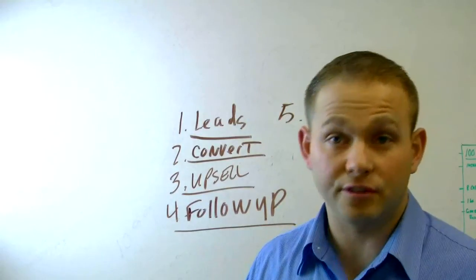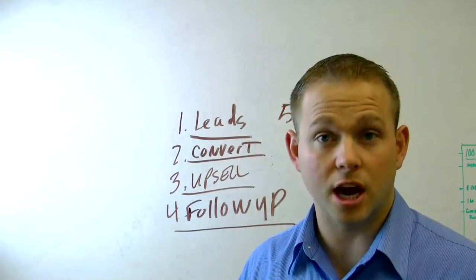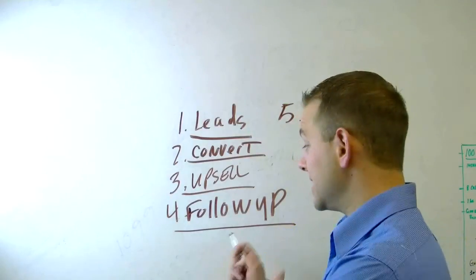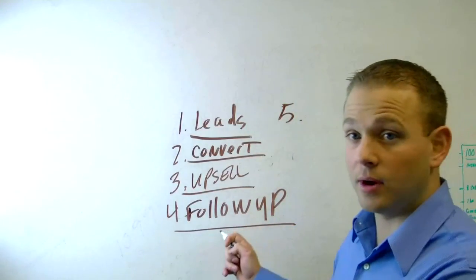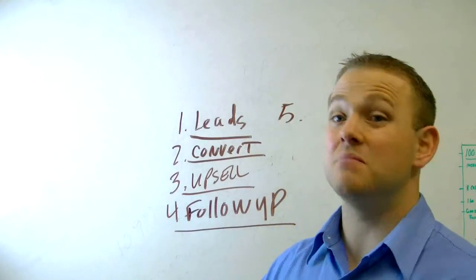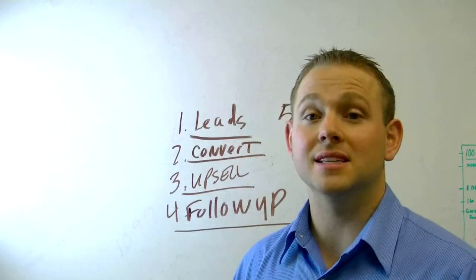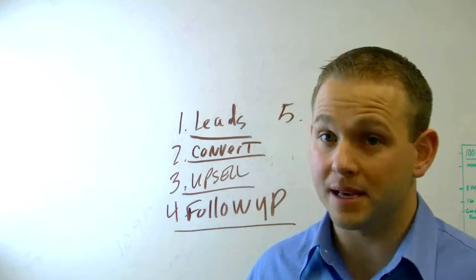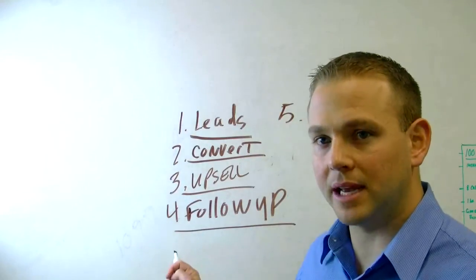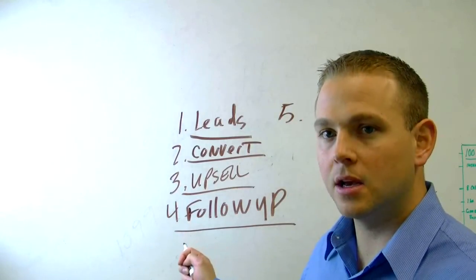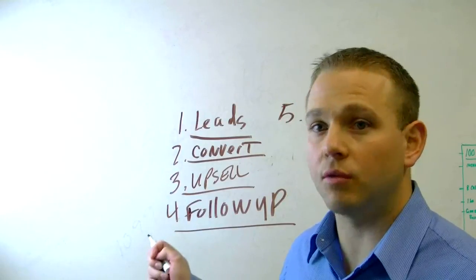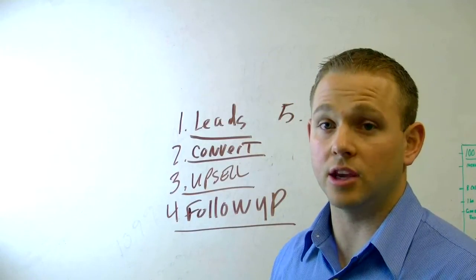I don't care if you're a florist, a pizza shop, or an internet marketer, it doesn't matter, your money is in the follow-up. More than likely, it's going to take you 5 to 7 times, even more, of consistently staying in contact before they ever even do business with you. If you're not following up and you don't have systems in place to automate this, you're missing out on a significant amount of income, regardless of what kind of business you have.